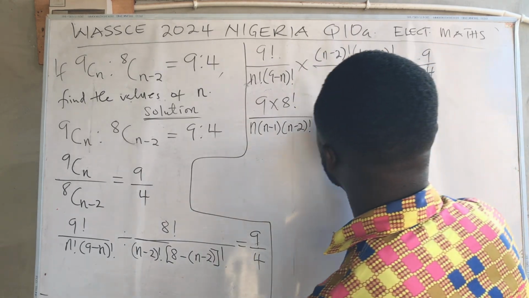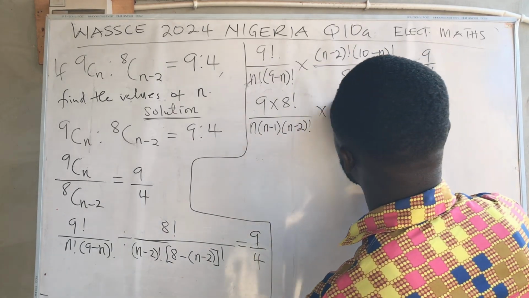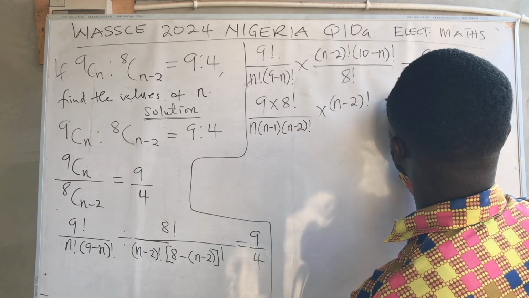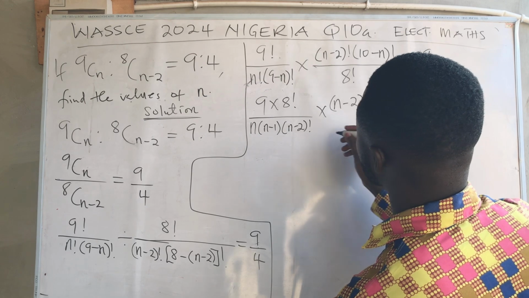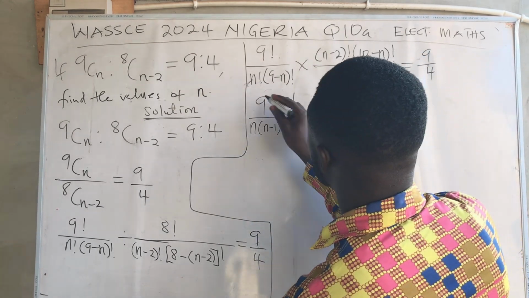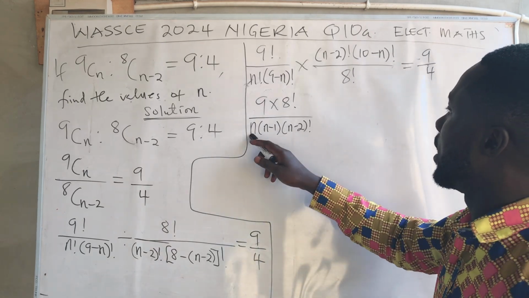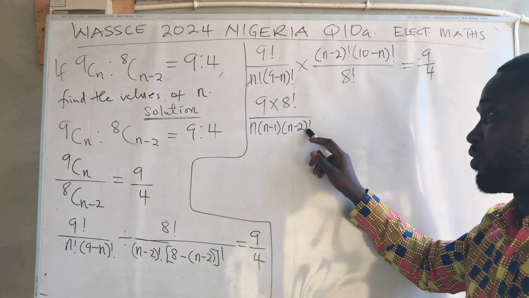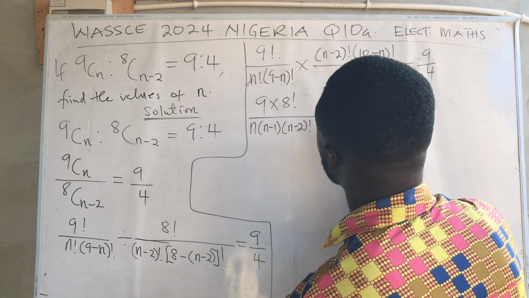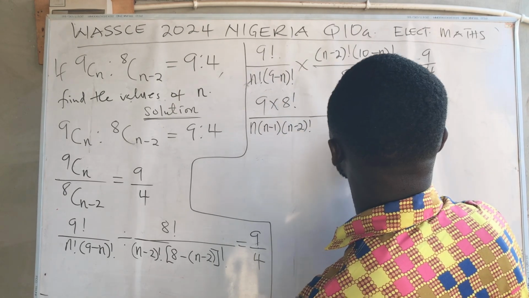Okay. Then times, we have n minus 2 factorial. Alright. Sorry, I didn't complete here. So here we have our n times n minus 1 times n minus 2 factorial. So we are left with the 9 minus n. So that the 9 minus n will also give us what?